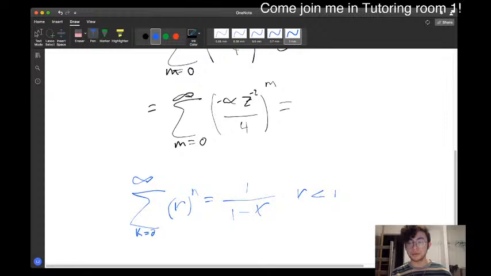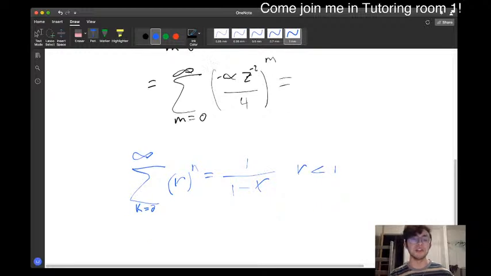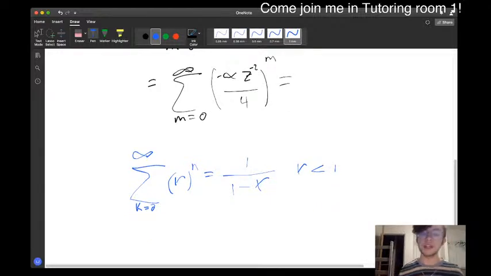Because if it's equal to 1, then this sum won't converge. We'll get just an infinite series of 1s, and that's not something that we want.